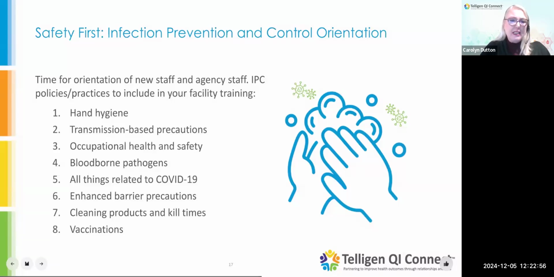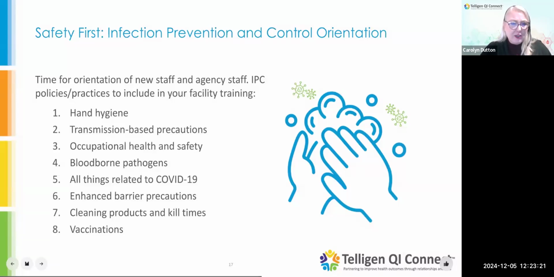Those new hires definitely need to know what your processes are, what the specific PPE is that they need to know. It's just really important that they are aware of those policies, and it's the perfect opportunity to introduce new faces to the infection control standards and expectations in your facility.